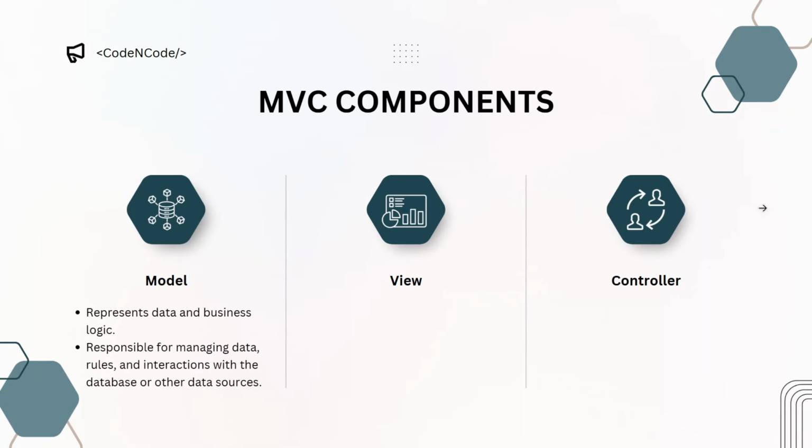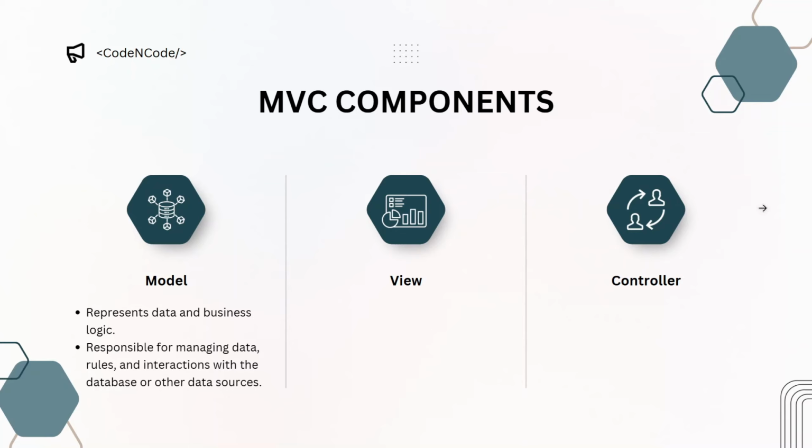Model represents data and business logic. To make it easier to understand, anything that is related to data and any operation that you perform on it is a model, right? So the data classes that you define, entities and all, everything that is your model. Any repository that you define that helps you interact with the database, again it has to do with the data, right?